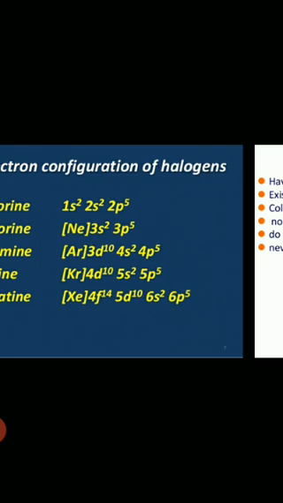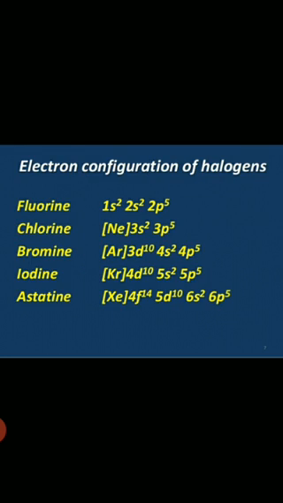Now students, let's have a look at the electronic configuration of the halogens. Fluorine, you know its atomic number is, students, how much? It's 9. So the configuration will be 1s2, 2s2, 2p5. Chlorine atomic number is how much? 17. So we write the condensed electronic configuration: neon, then 3s2, 3p5.